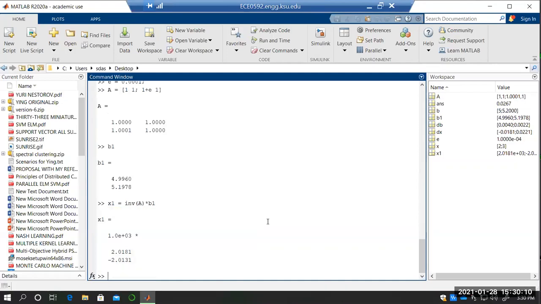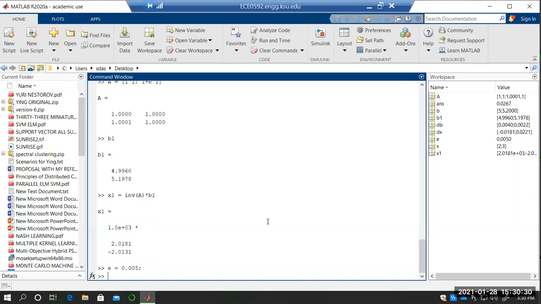Oh no, see how big it is. It's too big. Actually, 0.005 would be a safer bet. Okay, A equals this now.